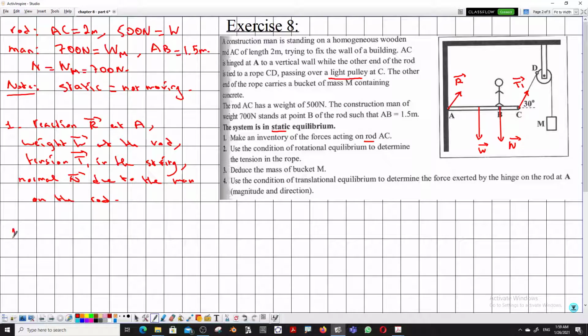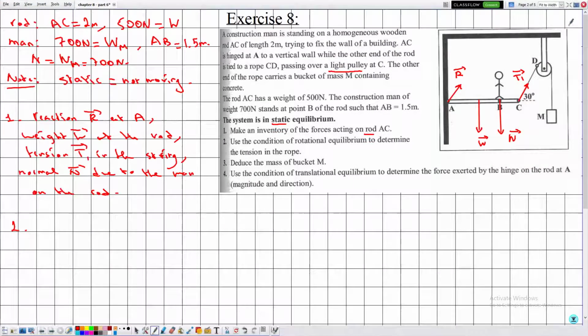Now in number 2, they are telling us to use the condition of rotational equilibrium to determine the tension in the rope. Now everything would be straightforward. We need to use the condition of rotational equilibrium, and for this reason we need to calculate the moment of each force exerted on the rod.